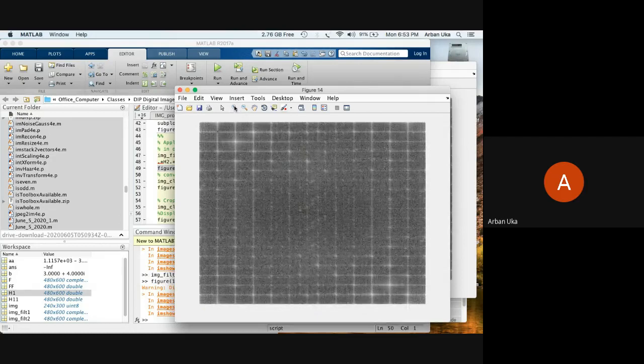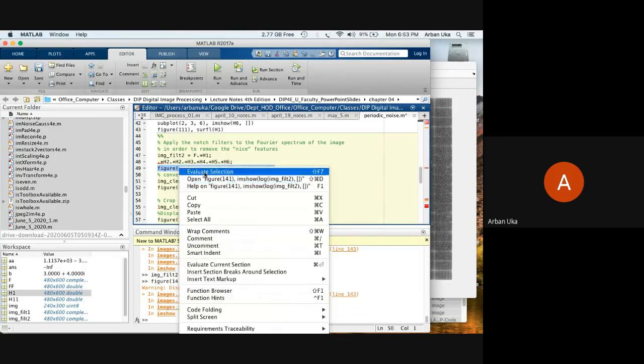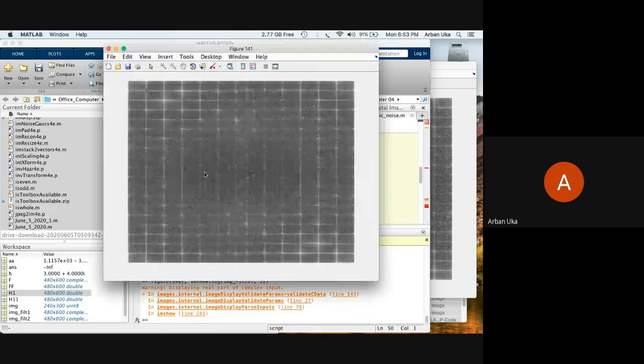Again, we don't see much. Oh, maybe we are plotting on top of the same figure. Let's change, because a while ago we plotted this one on figure 14. Let's see. I was expecting this one to be a little.